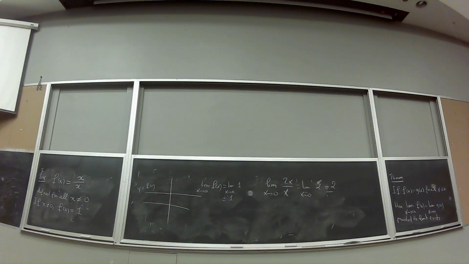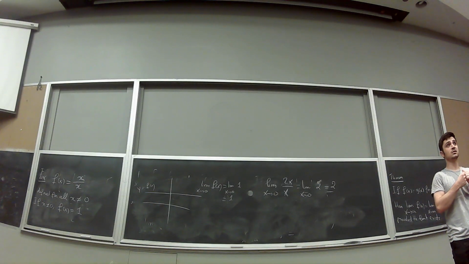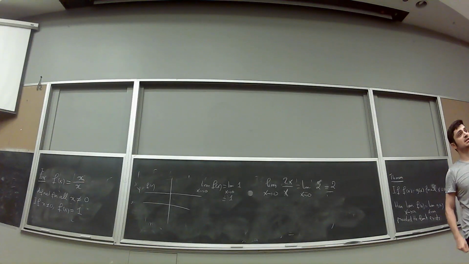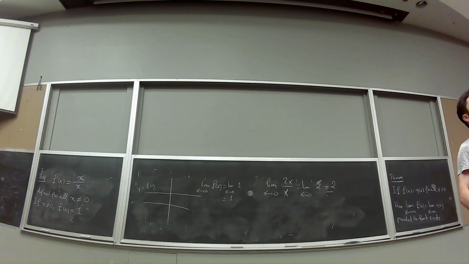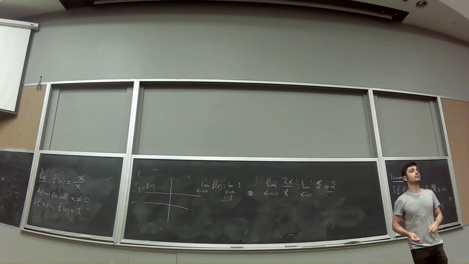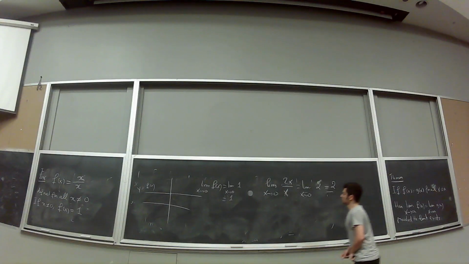You agree? Okay, last time we saw that 1 over a 0 that is positive is plus infinity. You remember this? 1 over 0 that is negative is negative infinity. But 0 over 0, can I determine what that is in the sense of limits? No. So what do we call it? We call it an indeterminate form. Okay?